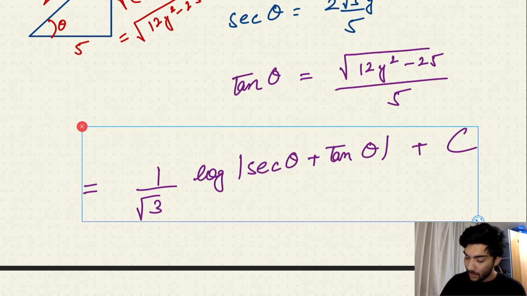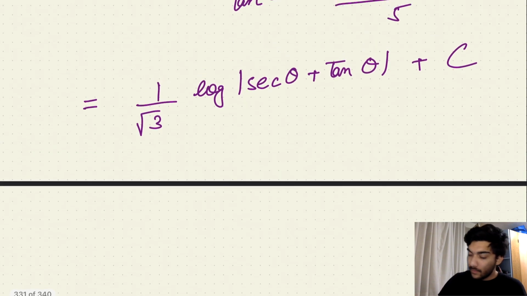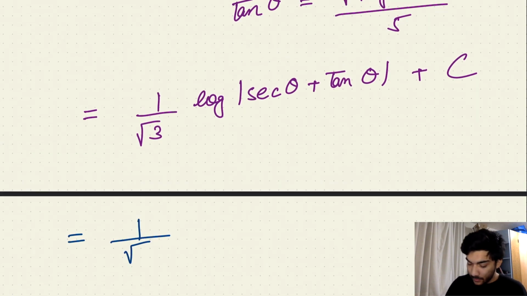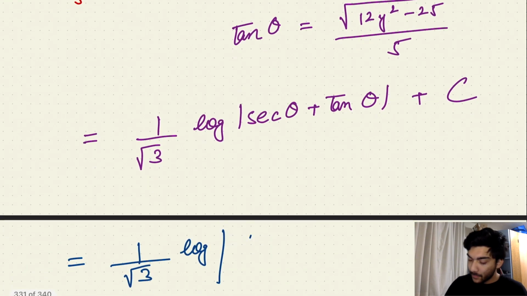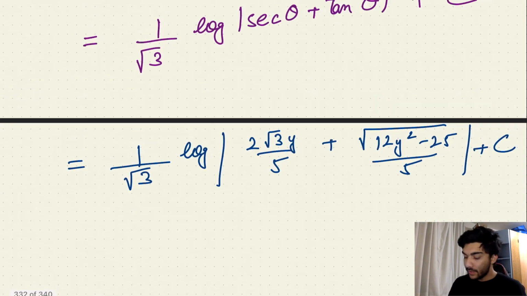This would simply be 1 by square root 3 log of secant theta, which is 2 root 3 y by 5, plus tan theta, which is square root 12y square minus 25 by 5, plus the constant of integration, right?